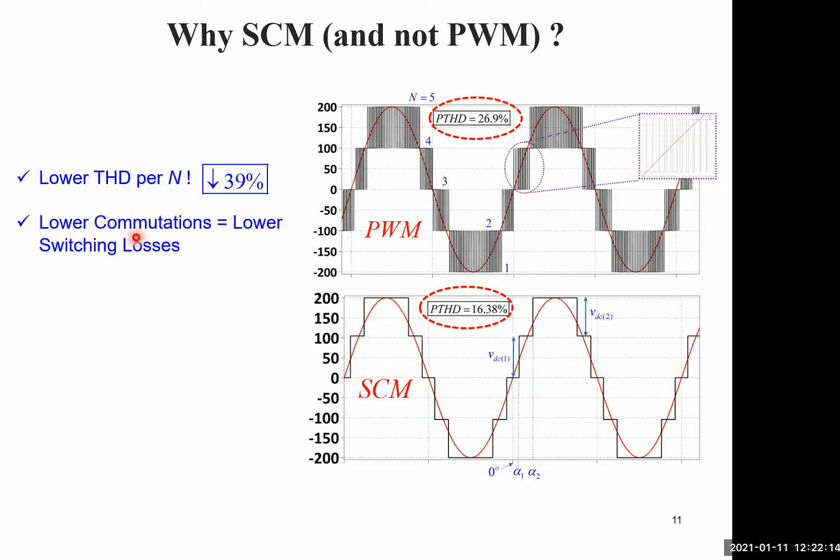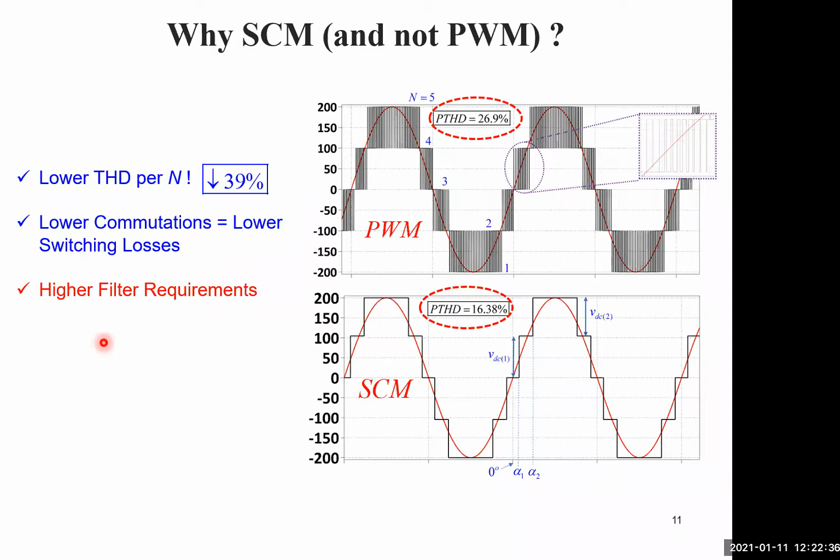Also, you get much lower commutations, which means lower switching losses. Each level is only used once per quarter wave. Here, each level is used multiple times at high frequency. So lower commutations means lower losses, because the higher the frequency, the higher the switching losses of the transistors.